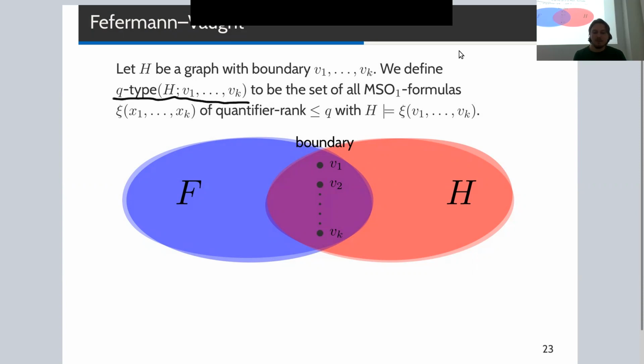So the Q type will be a set of MSO1 formulas, and these formulas have free variables, and for every vertex in the boundary, there will be one free variable. So if the boundary is V1 to Vk, then we have MSO1 formulas with free variables x1 to xk. And we put a formula into the Q type if and only if the formula is true after we plug in the vertices from the boundary.